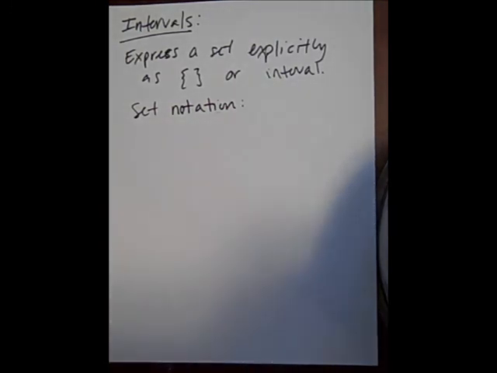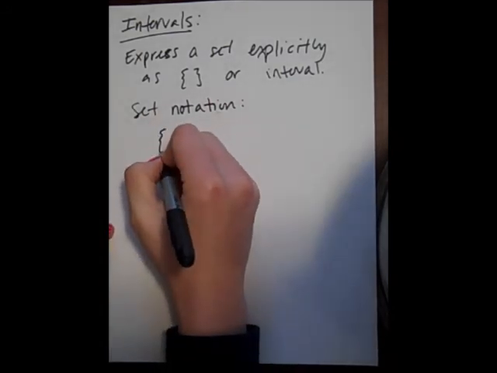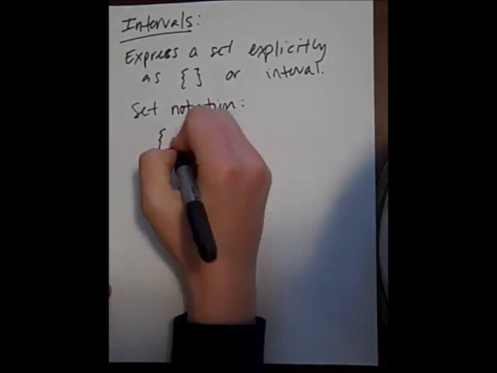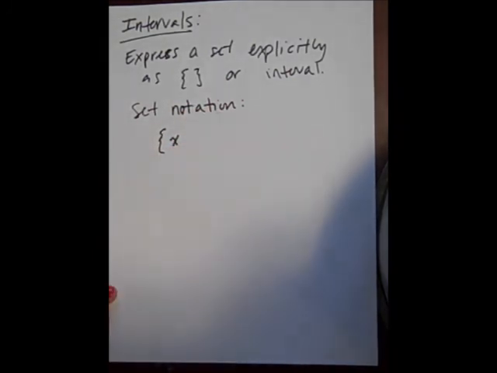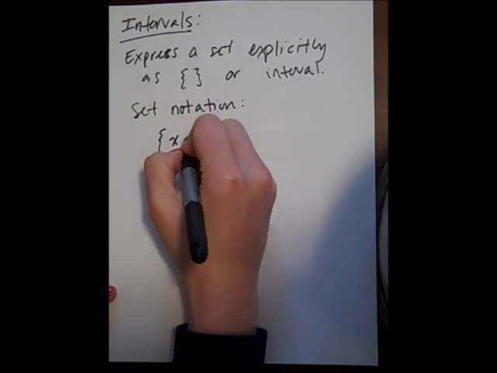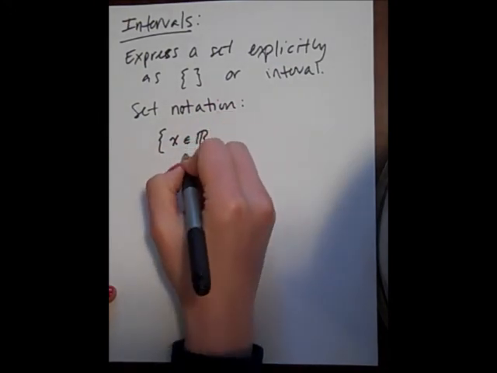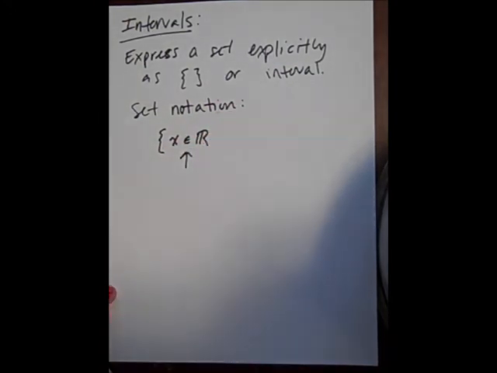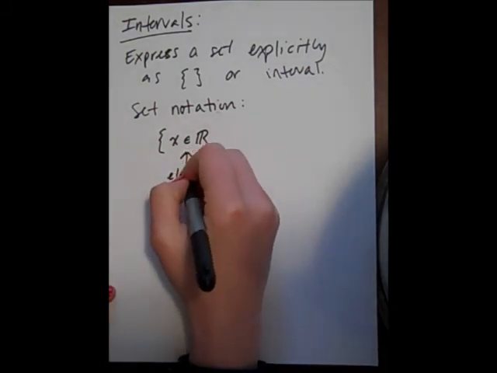If I want to say the set of all real numbers that are between 2 and 5, how would I write that? First, I would use an open bracket, so set. I would say x in the real numbers. This little symbol, which is like an E, means element of.